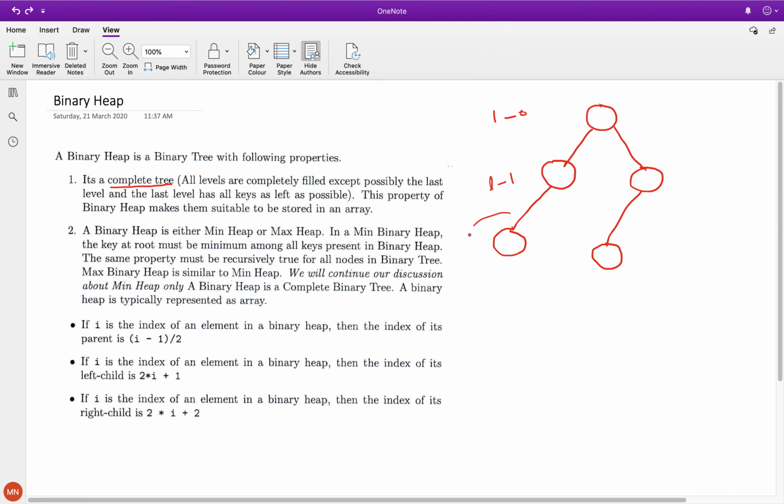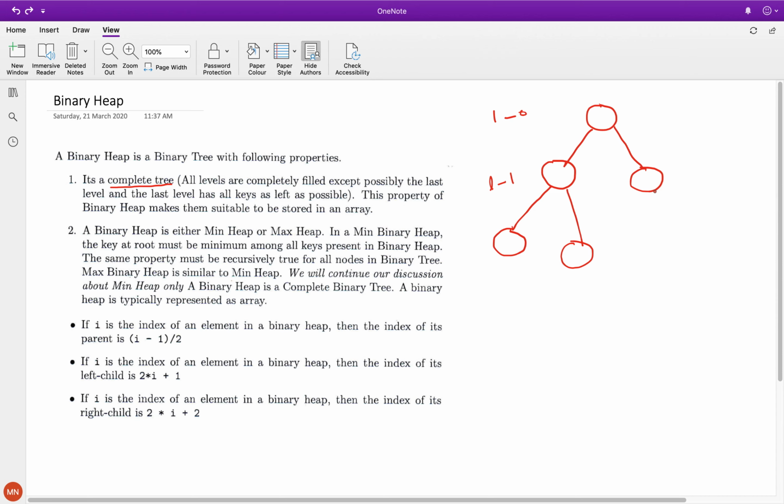So here the last level is this one, level 2, and all keys of the last level should be as left as possible. So it should have been here rather than at this point. So this one is not a complete tree. So if you redraw this node at this point, this makes the tree a complete tree because the last level is there and all the nodes in the last level is as left as possible in this case.